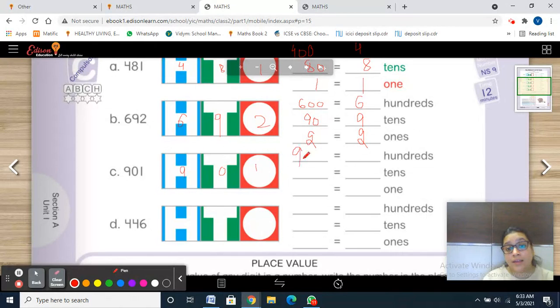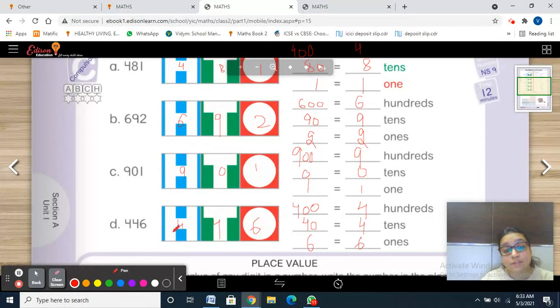So 9 hundreds, 0 tens, 1 one. Then 446. So what will come here? You will write 4 hundreds, 4 tens and 6 ones.